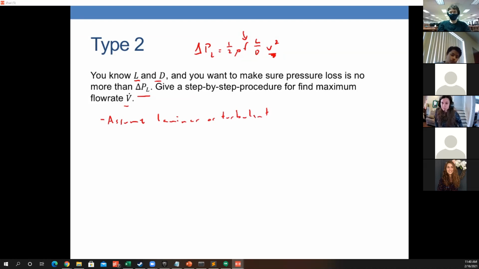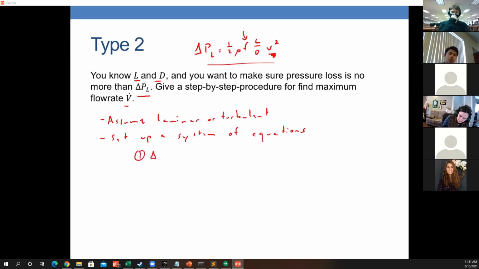Okay, so you assume laminar or turbulent. And so now you know that, we set up a system of equations. So maybe our equations could be delta P_L.